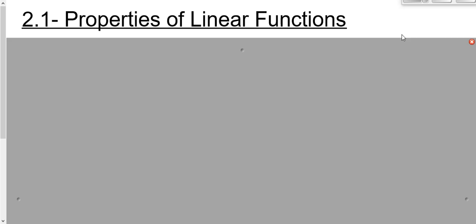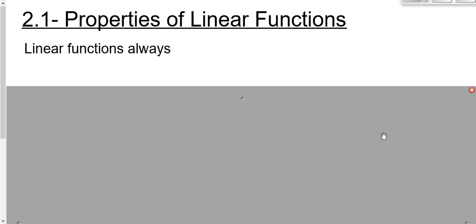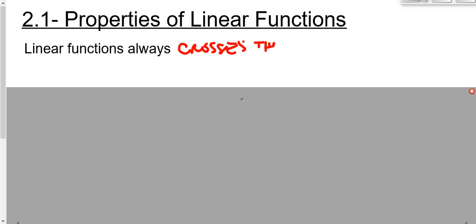So the first thing is that every single linear function will always cross the y-axis. I'm going to try to improve my handwriting over here. I'm sorry. Okay. So it will always cross the y-axis one time.